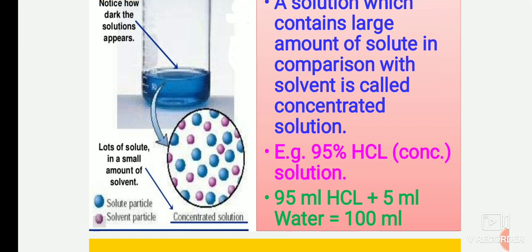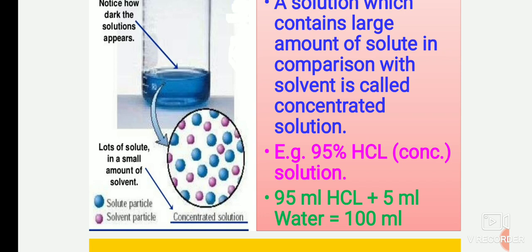In this solution, 95 ml HCl, that is solute, is used and 5 ml water is used to prepare 100 ml concentrated HCl solution.